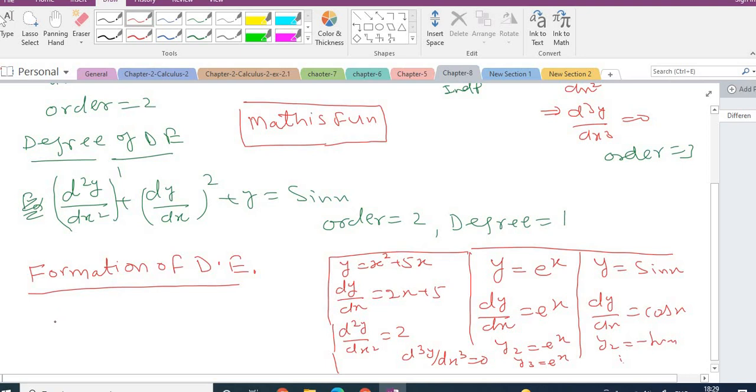Formation of differential equation means you need to differentiate 1 time, 2 times, 3 times.